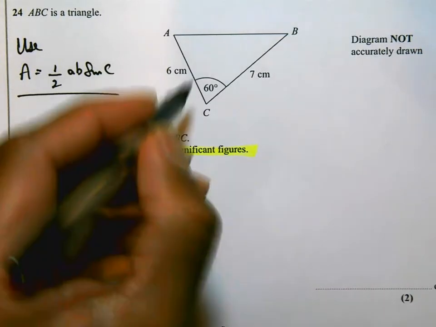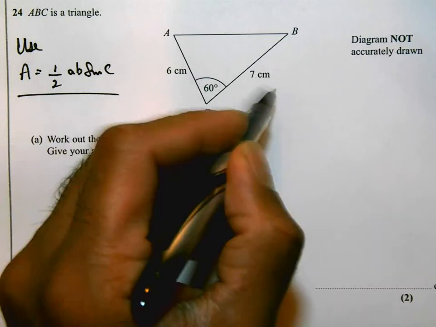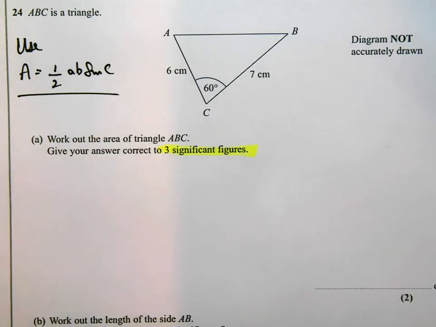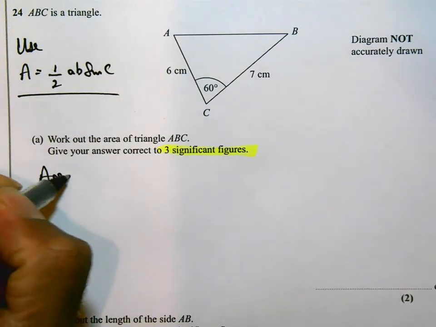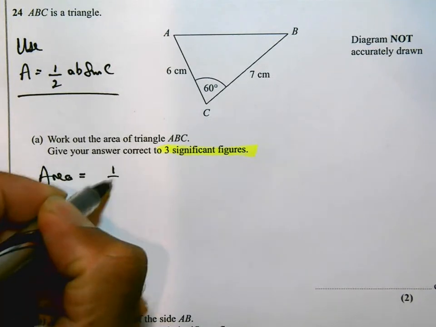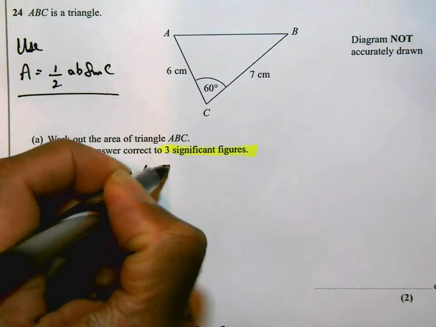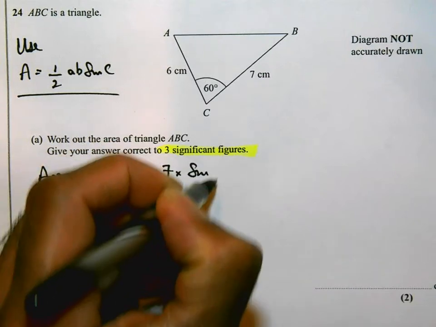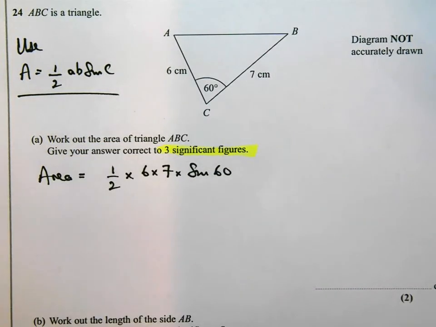In this particular case, these are the 2 sides on either side of the angle. So area is equal to a half times 6 times 7 times sine of the angle between them, sine 60 degrees.